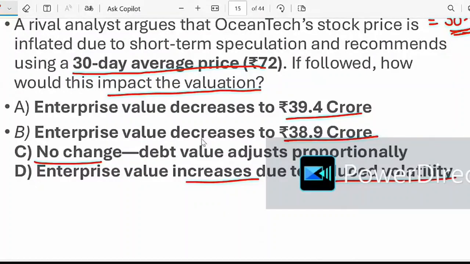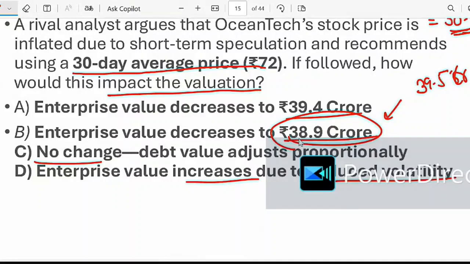Very good. Compare with the previous question, where the enterprise value was 39.5 crore, and now it is just 38.9 crore. Because we are using a slightly lower share price, the equity part is worth less, and that pulls down the total value.